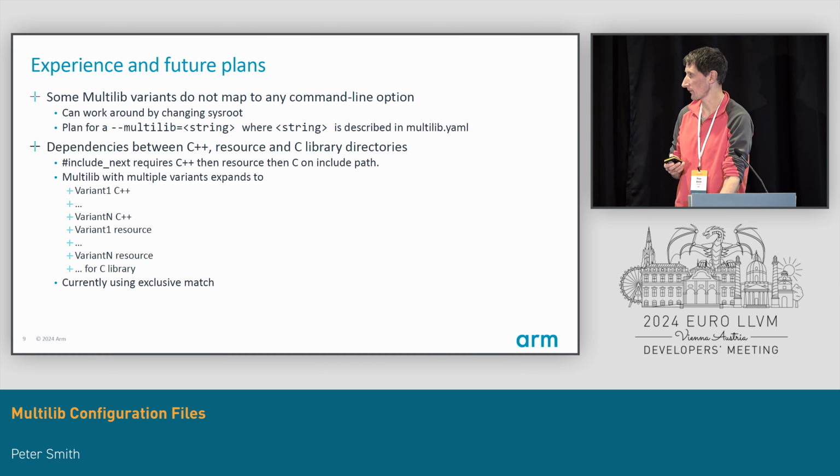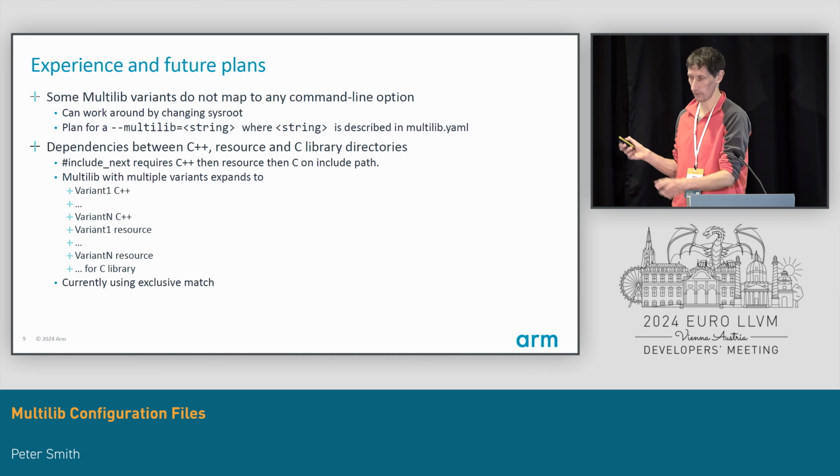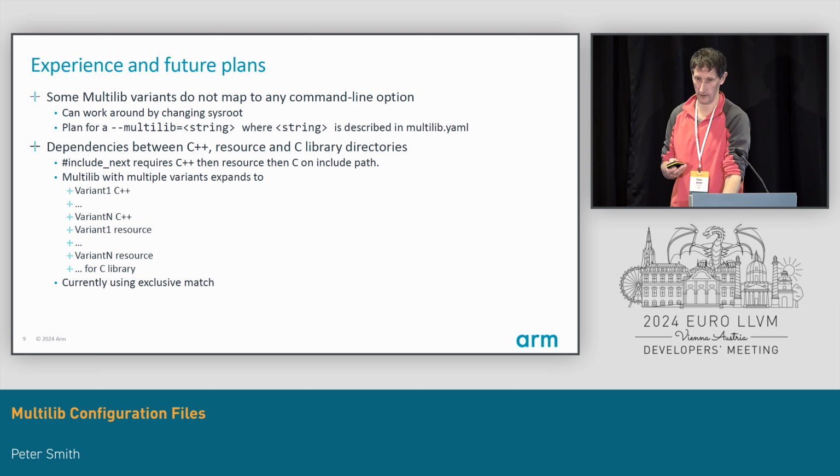We also found some problems with the C++ library paths, where rather than having a layered instance where you could stack multiple directories, we ended up with a problem. Anyway, I won't go into too much detail for that one, otherwise I'll run out of time.